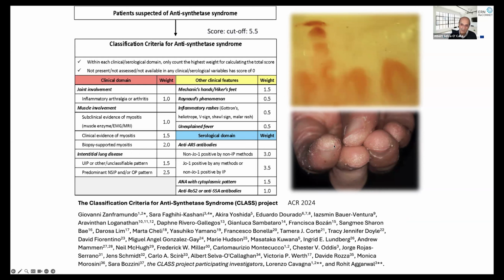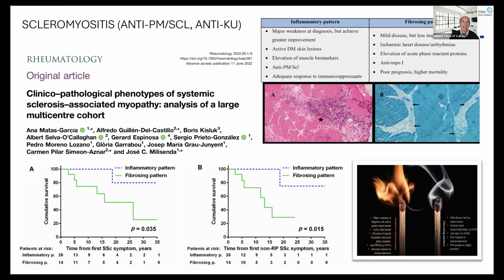The positivity to the antibodies, anti-PM/Scl or anti-Ku, is very important in this scenario, because those are the patients with major weakness at diagnosis. There are sometimes skin lesions typical of dermatomyositis, could be Gottron papules, high levels of CK, and this is an important point, they respond to immunosuppressive drugs.